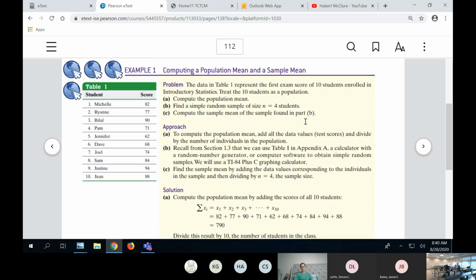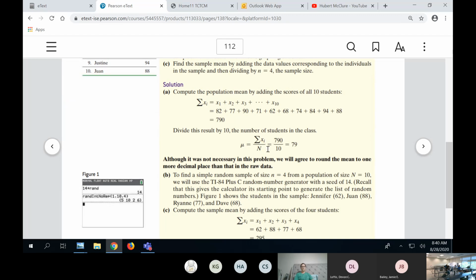Here's an example, and I'm not going to ask you to do it because you know how to do this. You've been doing this since the 6th, 7th grade. You add up all the test scores and divide by 10. And that's what they're doing right here. I'm not going to insult your intelligence by asking you to do that because I think everybody knows how to do that.